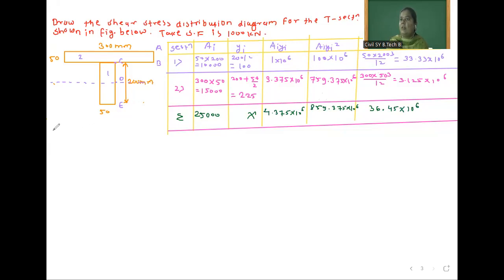After that, next you have to calculate Y bar. So Y bar is nothing but summation AIYI divided by summation AI. So summation AIYI is 4.375 into 10 to the power 6 divided by summation of AI, which is 25,000.